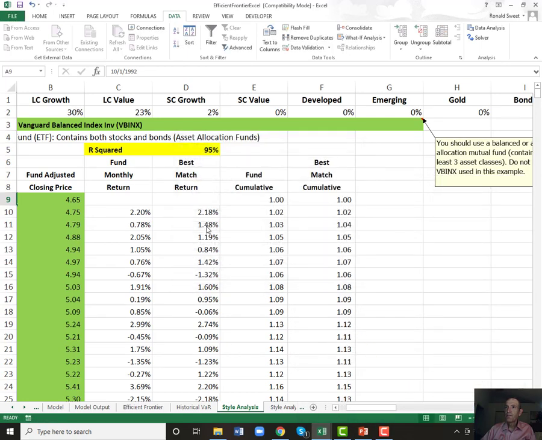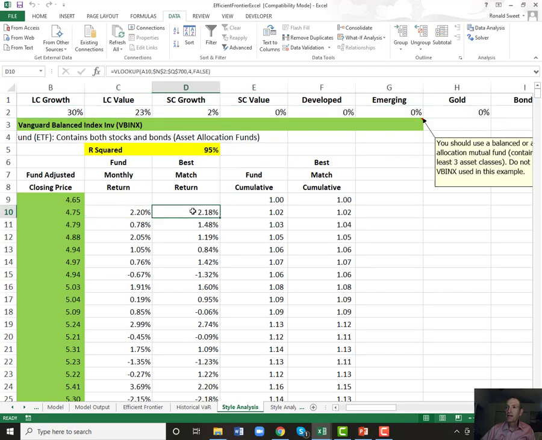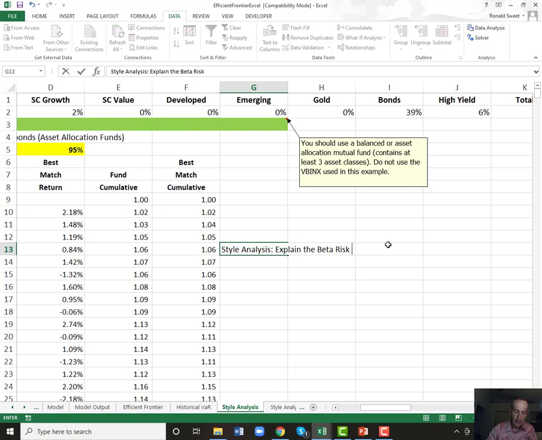He found the solution. You can see we can explain 95% of the volatility in this Vanguard fund by this allocation to our indexes. And that is what style analysis is. I haven't really told you what it is until now, but in style analysis, you're trying to explain the beta risk taken by a balanced fund.